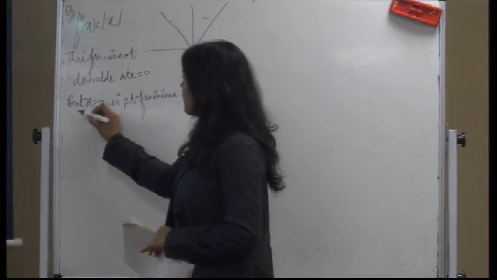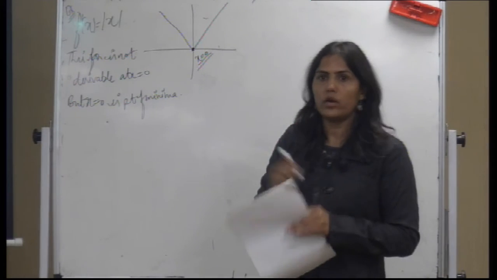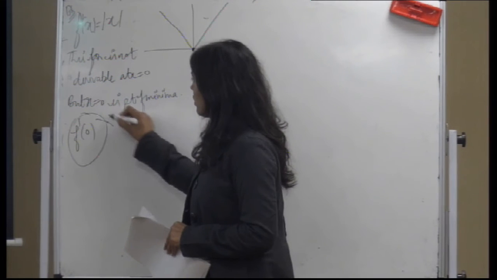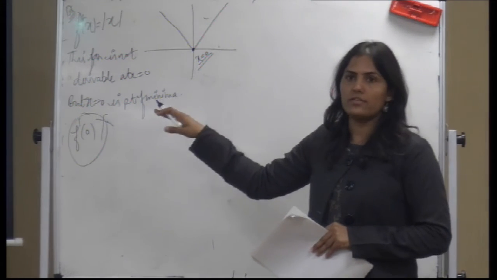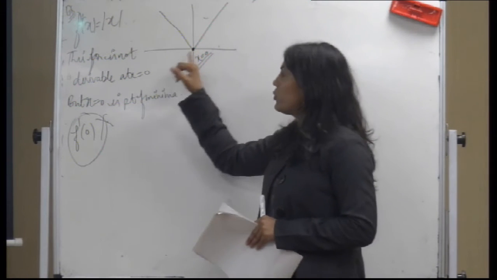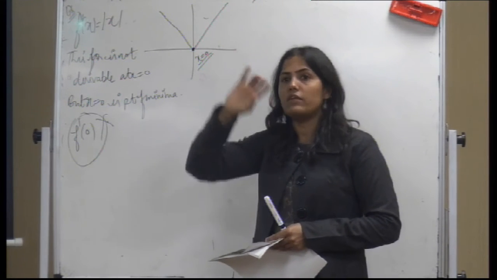f dash 0, I can't talk about it. There is no discussion. Is it fine? So the derivative is not existing, but still for this function a point of minima exists. It means that there is no sufficient condition.